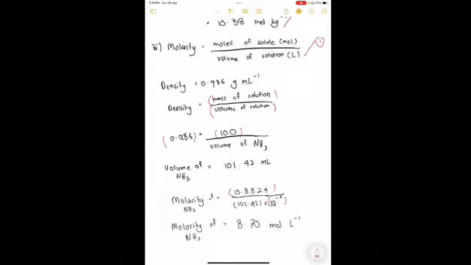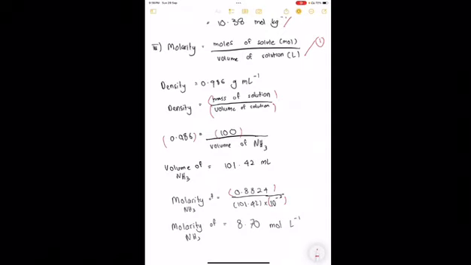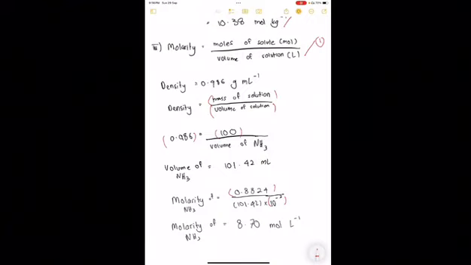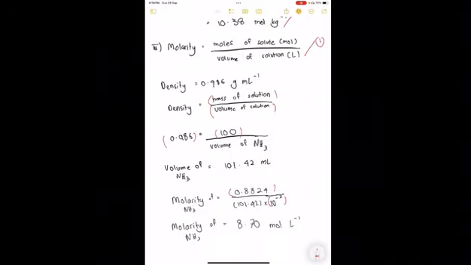But the question has given us the density value, which is 0.986. The formula for density is mass of solution over volume of solution. We also already assumed that the mass of solution is 100 grams. So we can directly substitute the value and we can get the volume of solution, which is 101.42 ml. So we can get one mark over here.